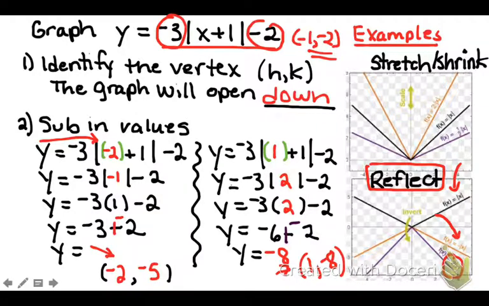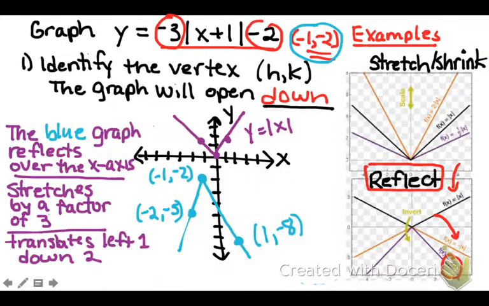So we're going to give that a try and then we'll be done. I have the parent function in purple, and then the negative 3 times the absolute value of x plus 1, minus 2 we have in blue. My vertex that we determined, the points that we determined on the previous slide, and then we wanted to see how it moved.